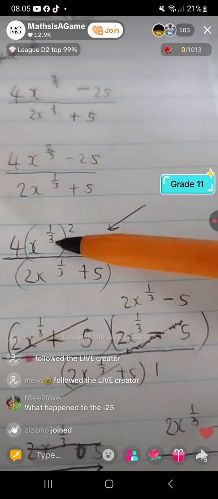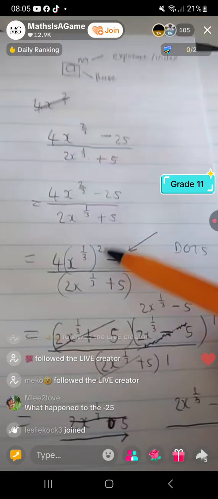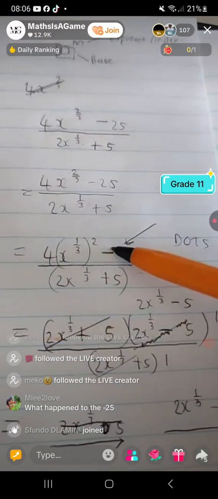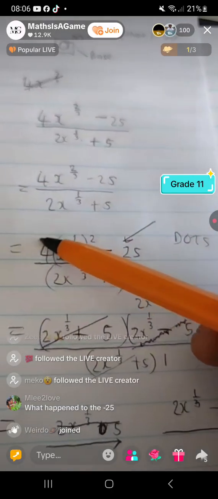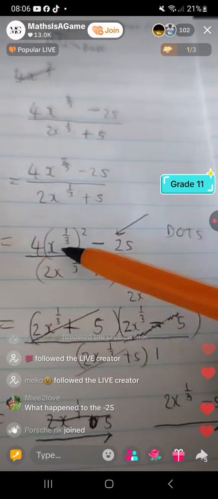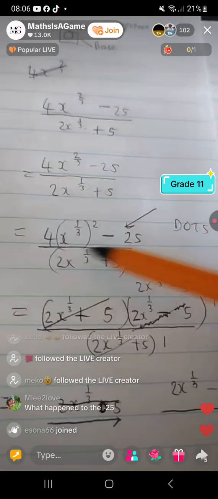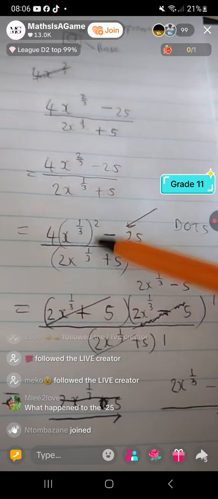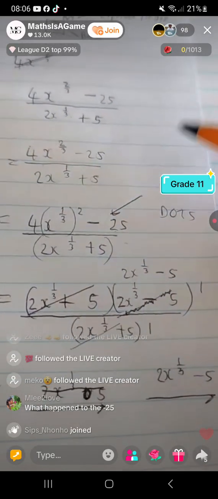My dear, we saw that when we look at the expression at the top, this is a difference. 4 is a perfect square. X to the power 1 over 3 squared is a perfect square. So the first term is what we call a square number. 25 is also a perfect square.